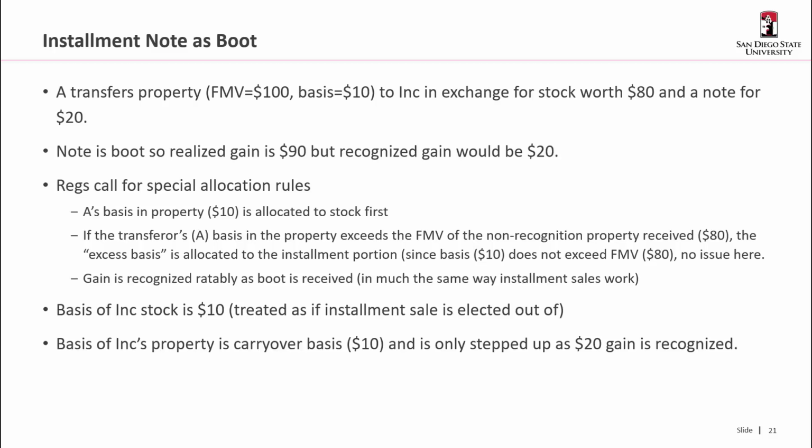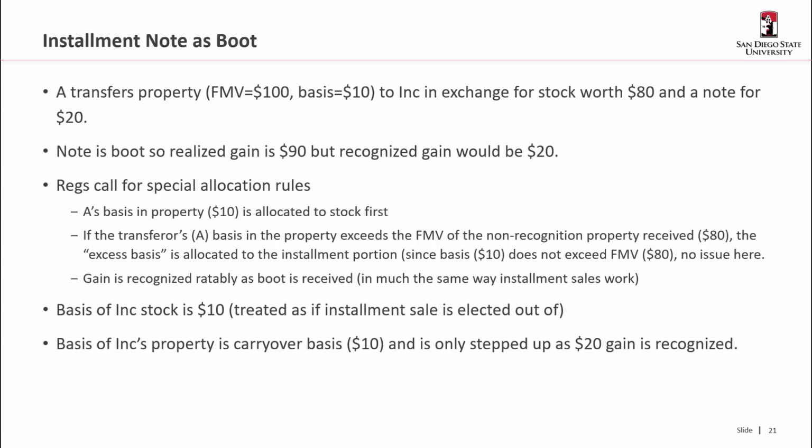So A transfers property, fair market value 100, basis 10, to Inc. in exchange for stock worth 80 and a note for 20. So the note is boot, the realized gain is 90, the recognized gain would only be 20. But the regs call for special allocation rules. First, A's basis in the property, $10, is allocated first to the stock.